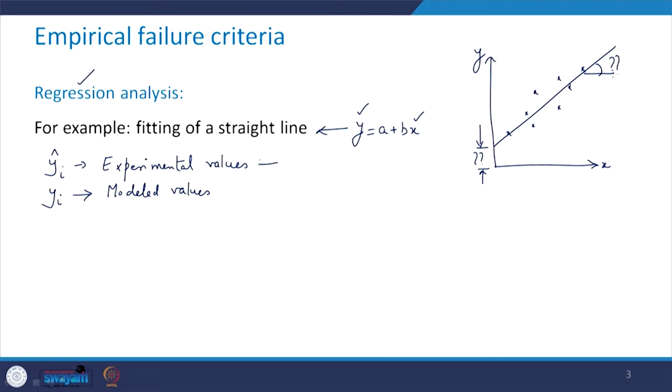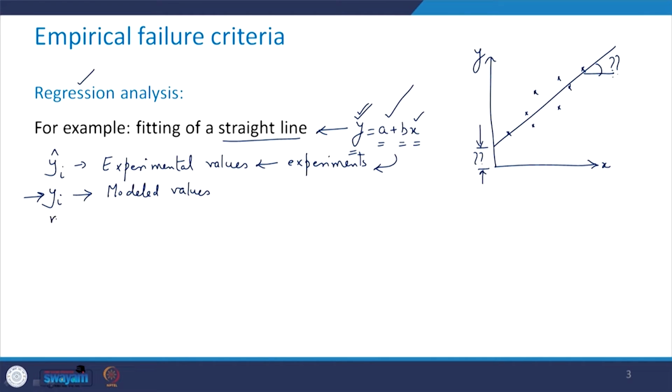This is what we are getting from the experiments that I am going to conduct in the lab. And since I want to fit this straight line which has y equal to a plus bx, this is the model that I want to fit to this experimental data. So whatever value of y I get from this expression falls under this category, the modeled values.